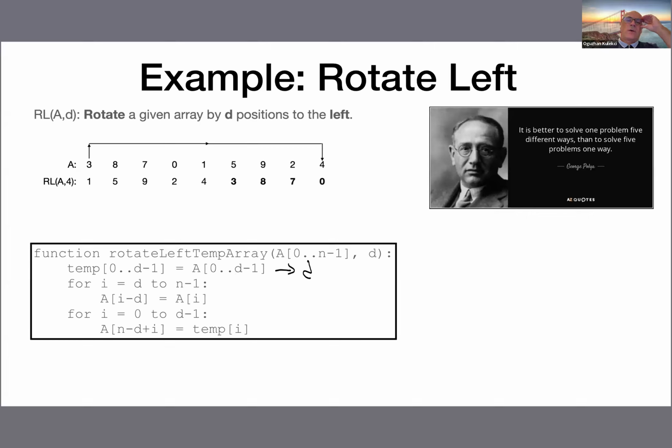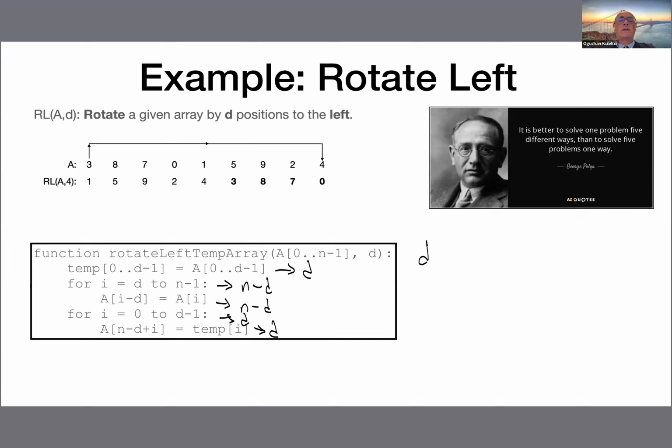Okay, so the number of instructions for the first line is D, and then this one will take n minus D, right? So this will take n minus D, and this will take D, and this will take D. Good, right? So once we have all of them, what is my total complexity?